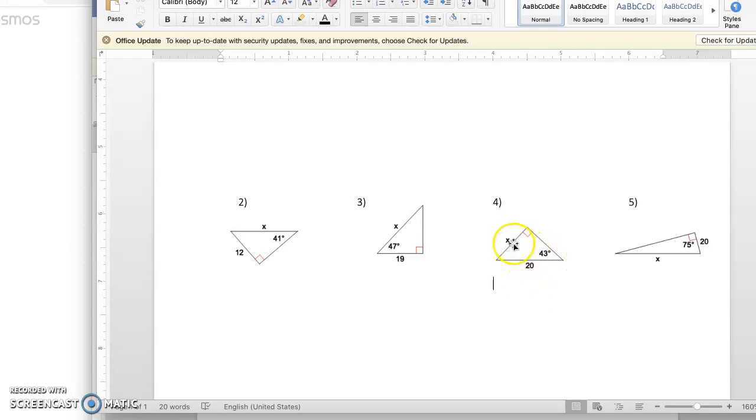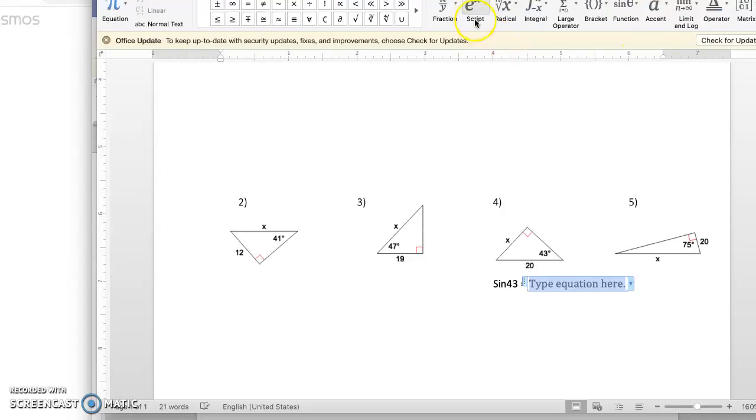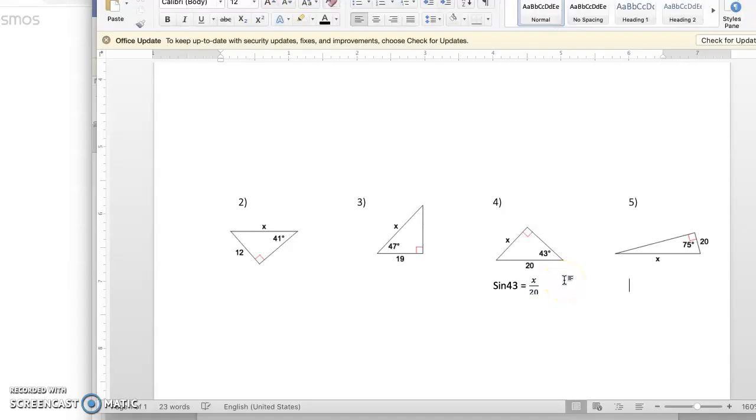And I notice that x is opposite 43 degrees, so I want to be using sine. So in number 4, we'd be setting up the sine of 43 is equal to x in the numerator because it's opposite, over the hypotenuse 20.